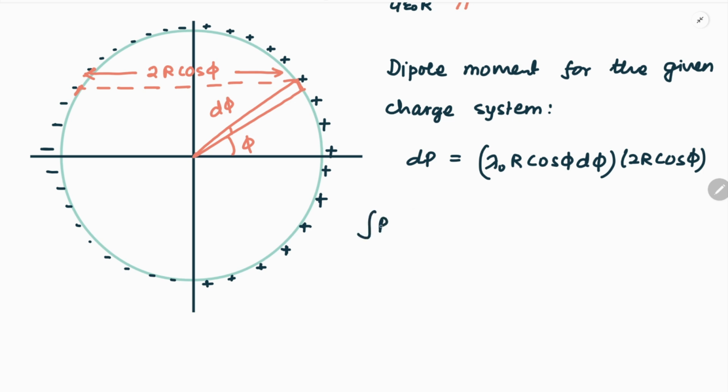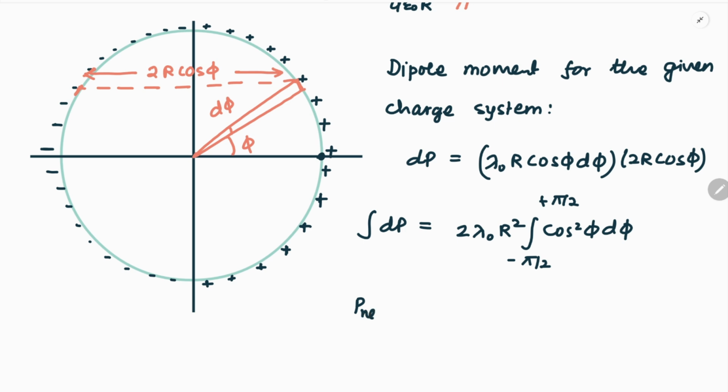If we integrate this value, we will get the dipole moment, that is 2 lambda naught r square integration of cos square phi d phi, and since we started from here, we are integrating it from minus pi by 2 to plus pi by 2.